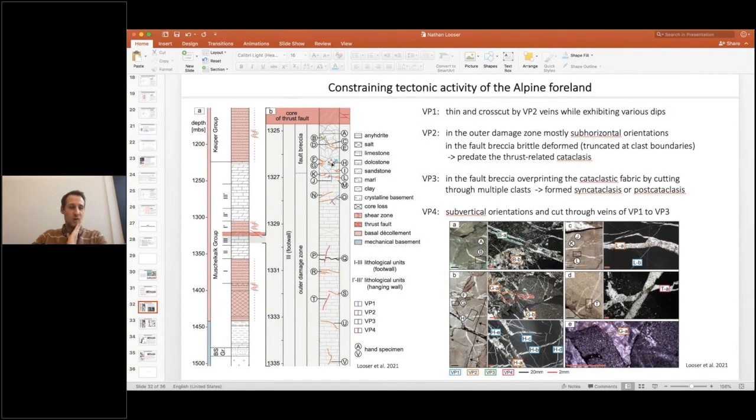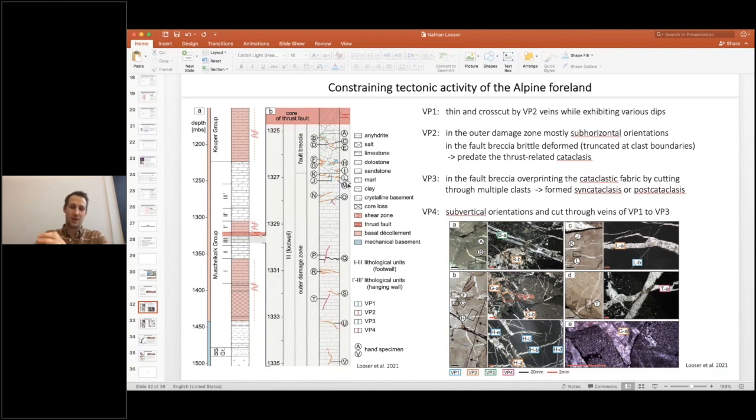Below this thrust fold, we have in the footwall a damage zone. We split this damage zone in an inner part with a fold fracture and in an outer part, which we call the outer damage zone. In the outer damage zone, you still see the original stratigraphic layering, while in the fold fracture, this is all gone.